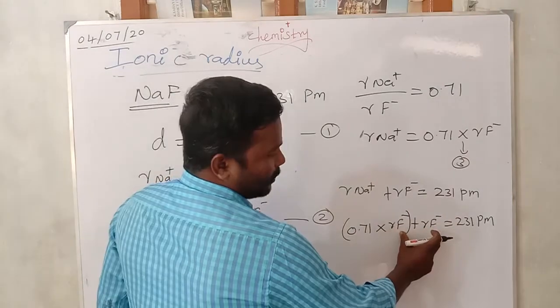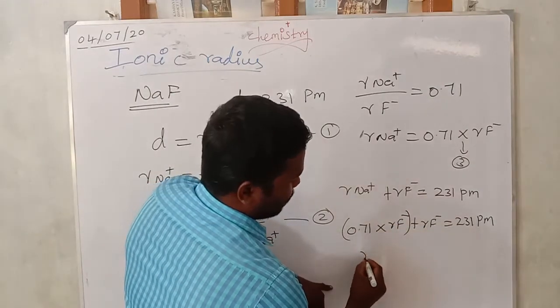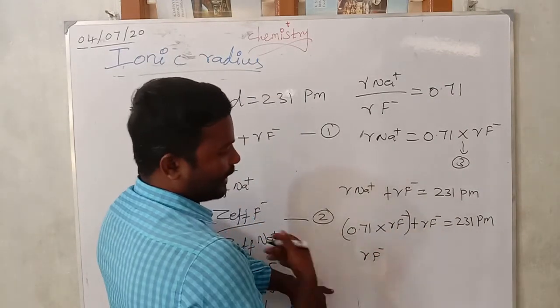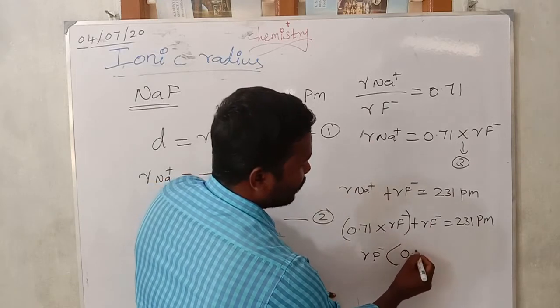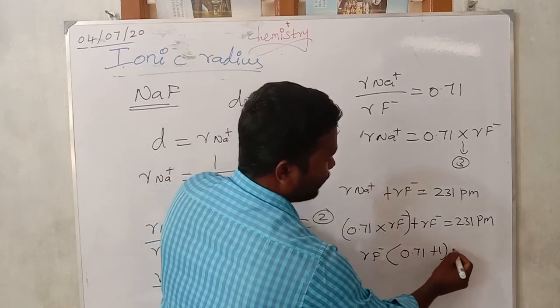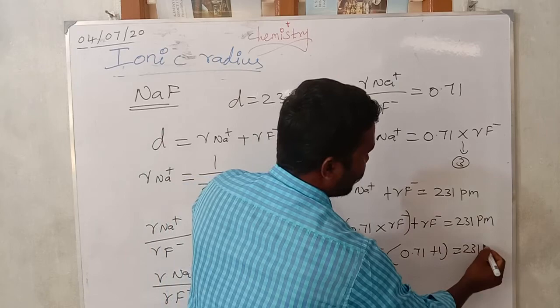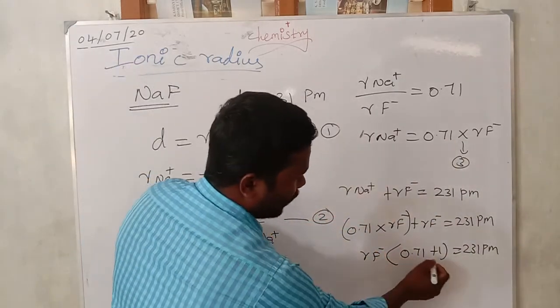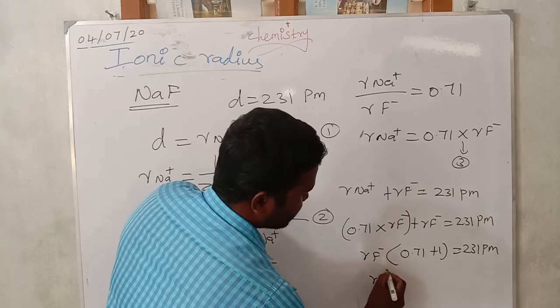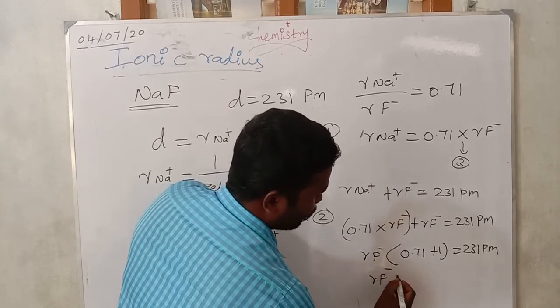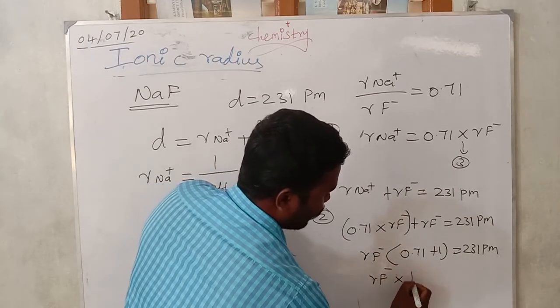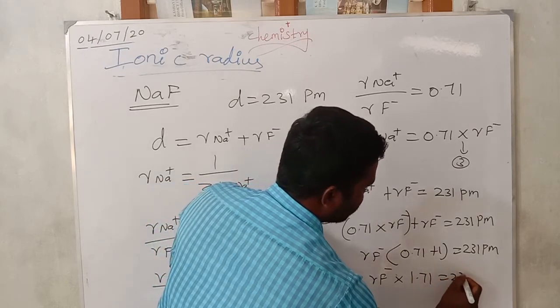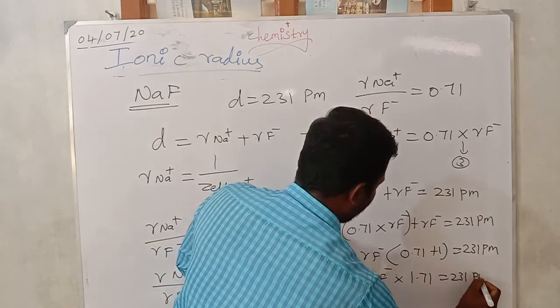Now both have the same radius of F minus, so you take it out, and the remaining is 0.71 plus 1, equal to 231 picometer. Now you add this, you will get 1.71. The radius of fluorine times 1.71 is equal to 231 picometer.